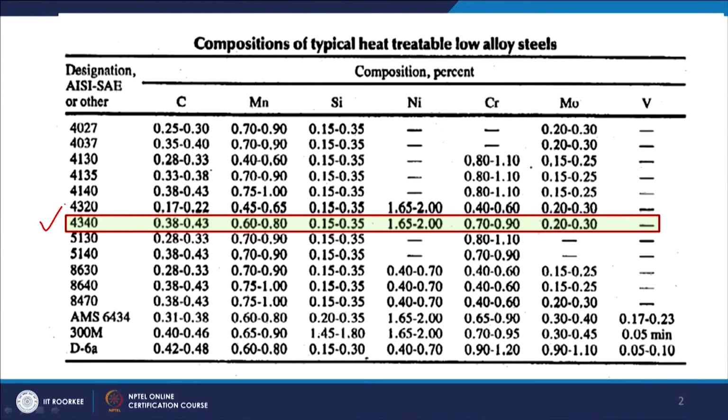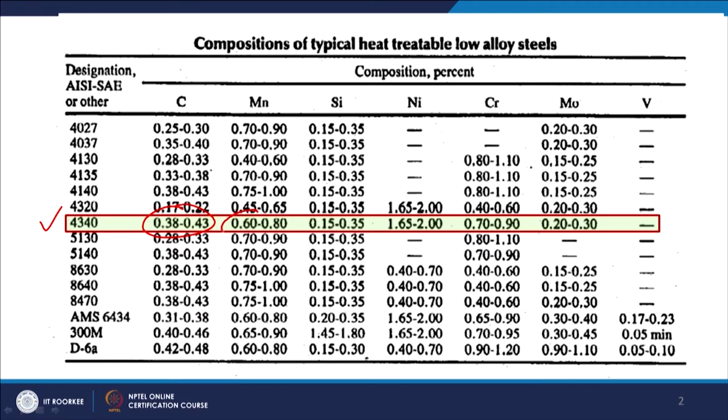We will be talking about the continuous cooling diagram of a typical steel, 4340, which contains 0.38 to 0.43% carbon.